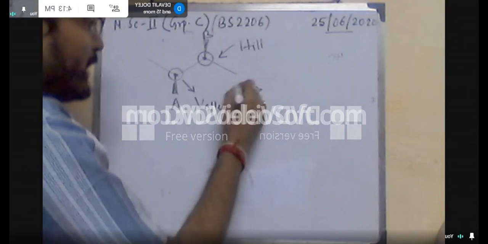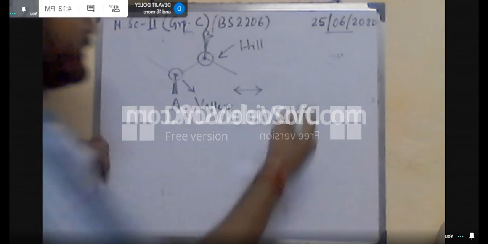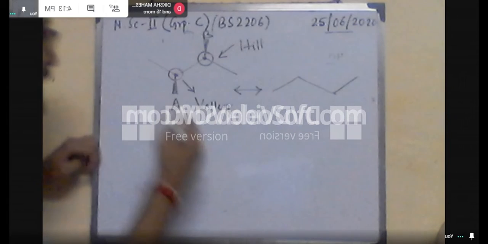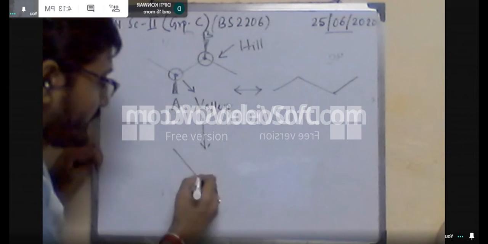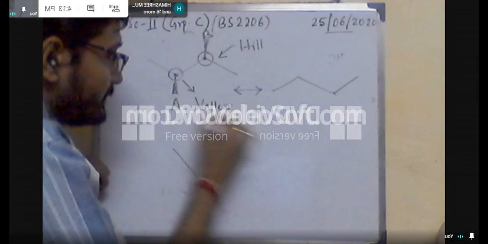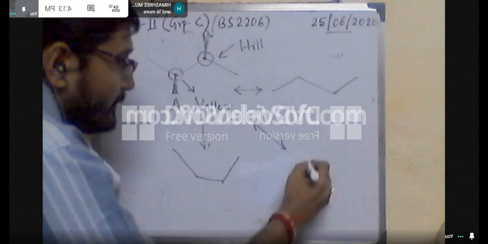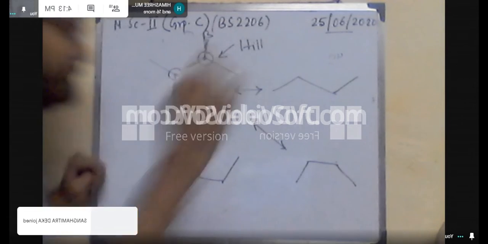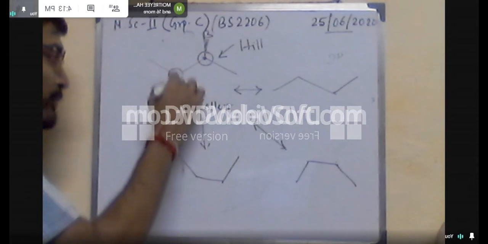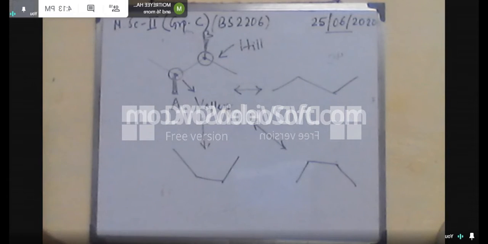During this exchange you can see that the configuration remains fixed, otherwise the configuration will be changed. Say if I change this valley to the hill, now this is the hill, so the A will be in the beta bond, and similarly I have changed hill to the valley, so this beta bond will be in the alpha position.